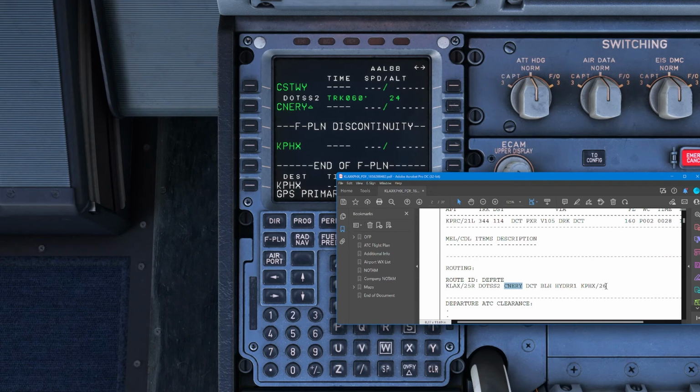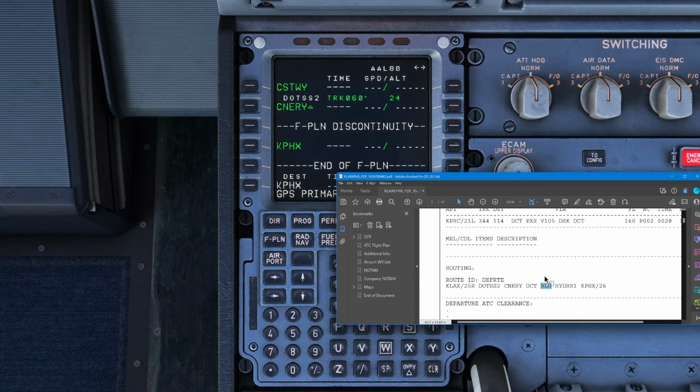So you're going to get to runway 26 via the Hyder 1 arrival, and then the BLH transition. So you're going to be flying along. Once you hit scenery, you're going to go direct to BLH. Well, BLH happens to be one of the transitions on the Hyder 1 arrival.